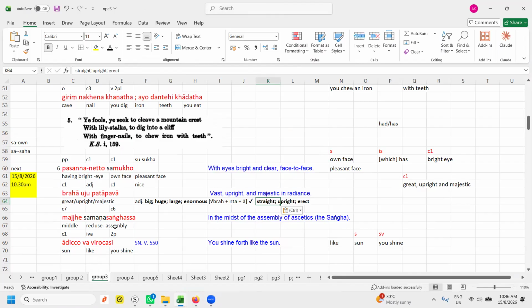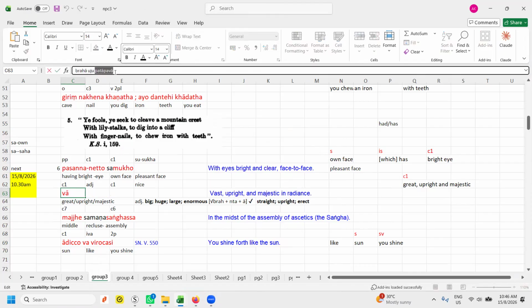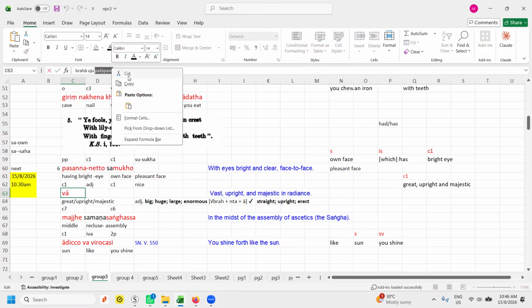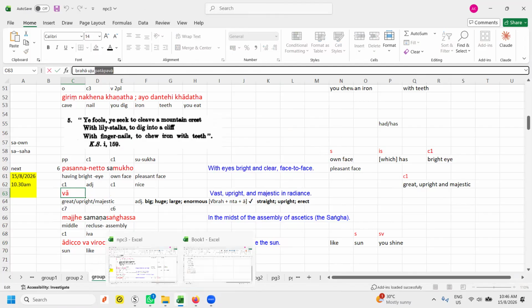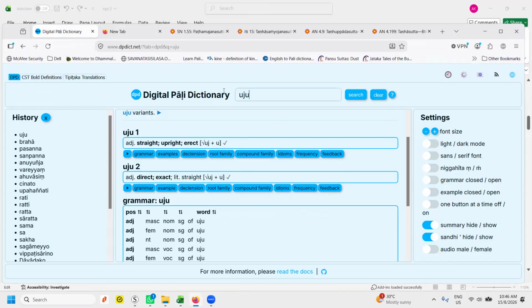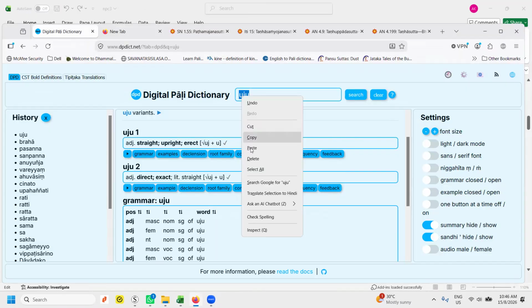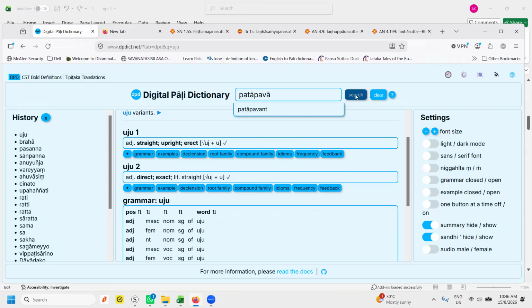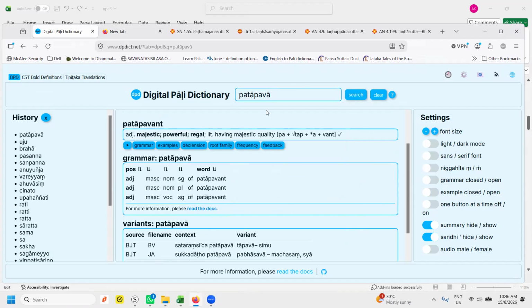Then the last one is pata pawa. You see, pawa should be feminine now, the long one. Can you see here? When you type this one, you get this one, and that means this is a stem, VANT is added to it.